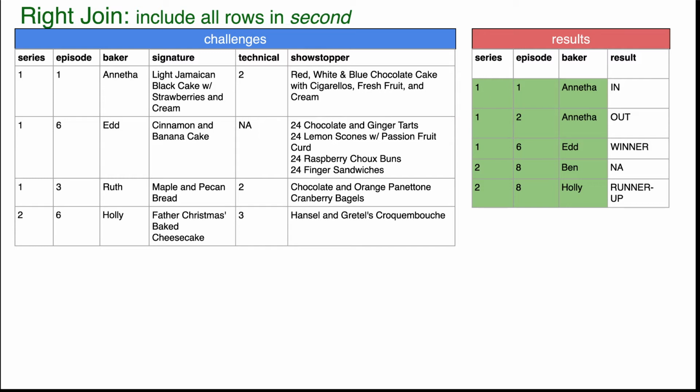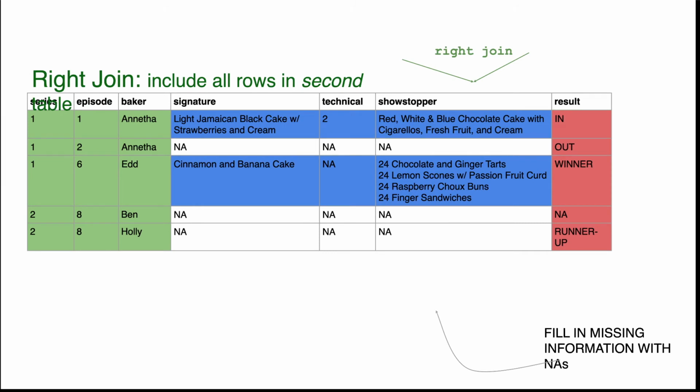But if missing information exists, like there's nothing about Ben here, Ben doesn't exist in this table, then we can do a right join, and Ben's information from table 1, from the left table, is NAs. Okay?